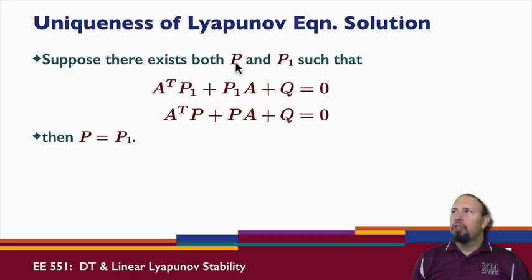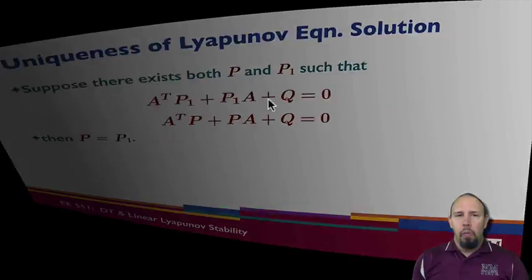But this says, suppose there exists a P and a P1, both of them satisfy this equation. I can go through and show that P1 must be equal to P. That is, there's really only one solution to this equation. And this is proved in the proofs video.